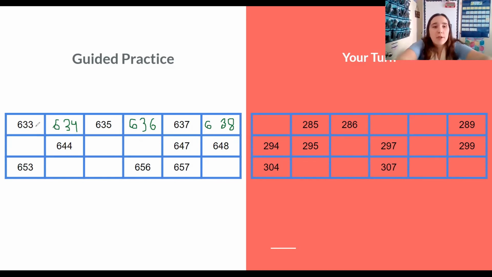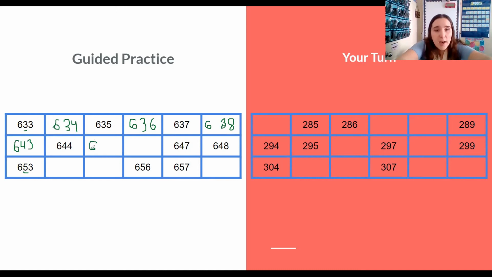So instead I'm going to use my tens to help me find the missing number. This is 633. This is 653. Every time I go down a row, I'm increasing by 10. So 3 tens plus 1 ten would be 4 tens, and 4 tens plus 1 ten would be 5 tens. So I would have 643 here.